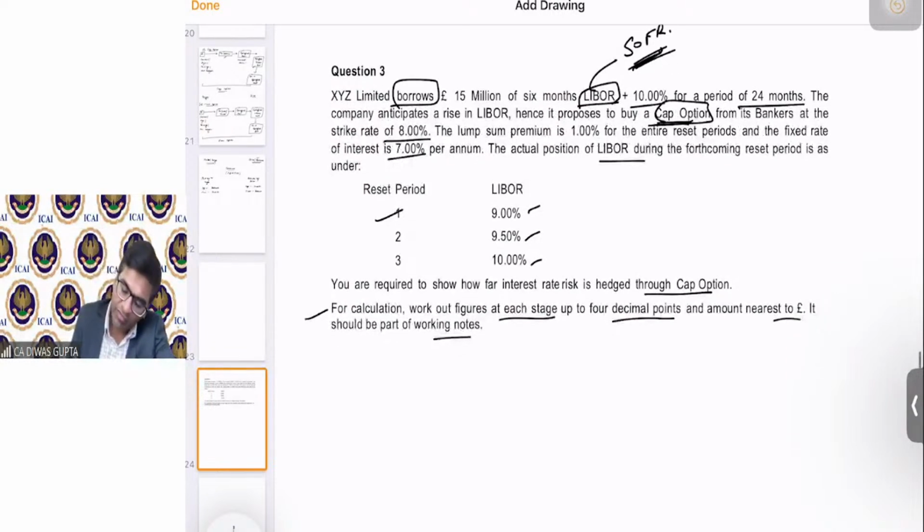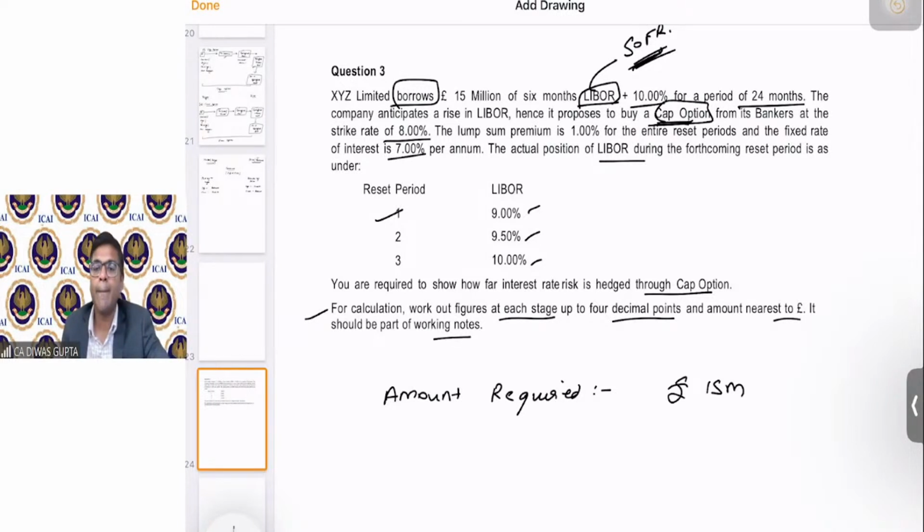So students, if we quickly see what is the amount required, amount required is 15 million pounds.